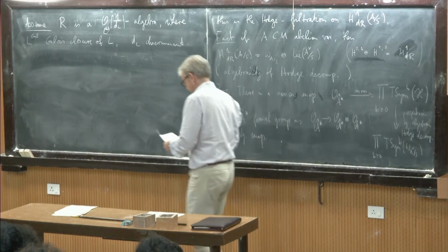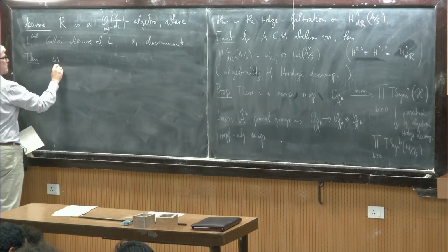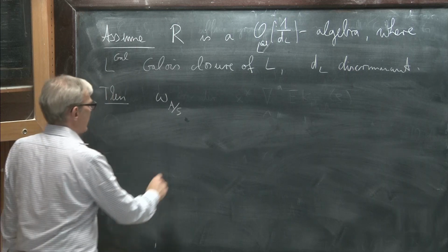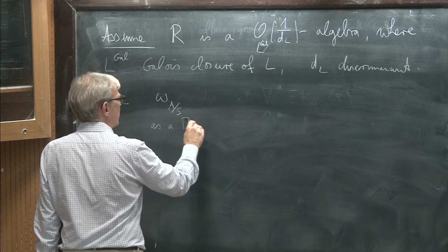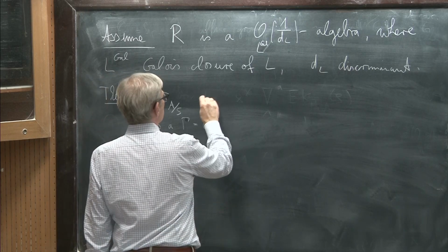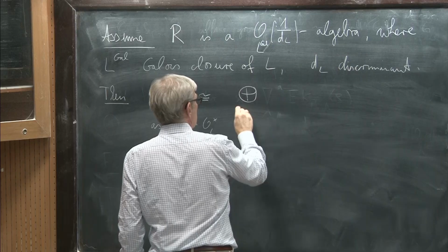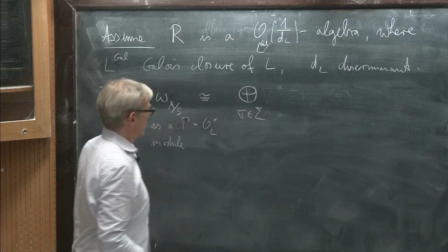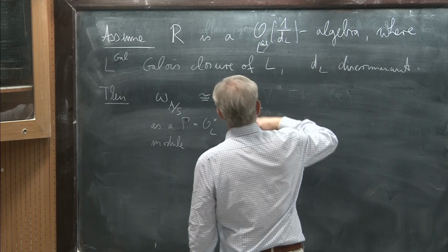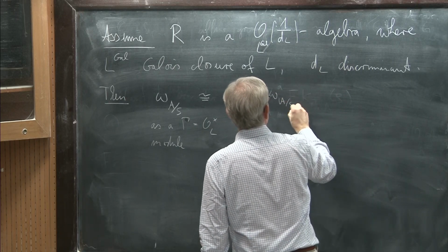So what you get is that this omega A over S, as a gamma OL star module, decomposes into just the sum over sigma in Sigma. This is this CM type, which was there somehow from the beginning if we have a CM abelian variety, omega A S sigma.